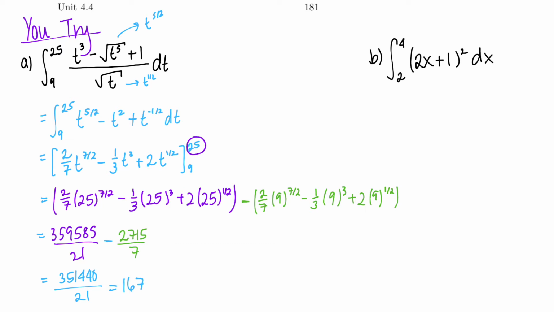Unless, did I mess up my... Now I'm going to check a setting on my calculator to make sure that I didn't accidentally stop my calculator from giving me decimal expansions. No, this is right. So 16735.2381.